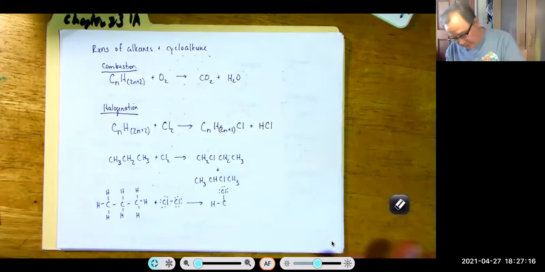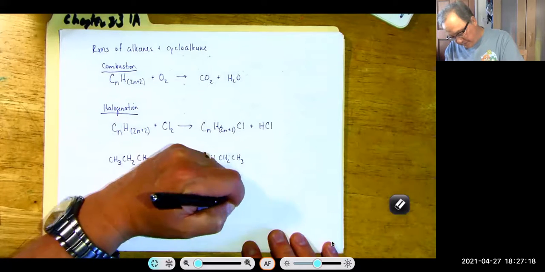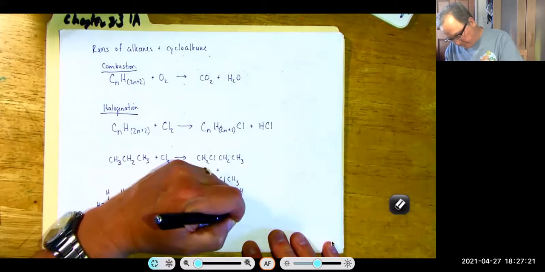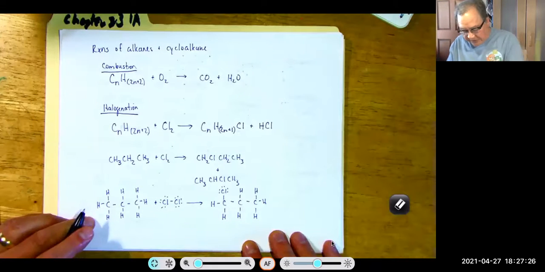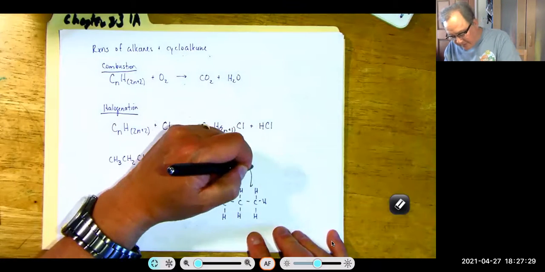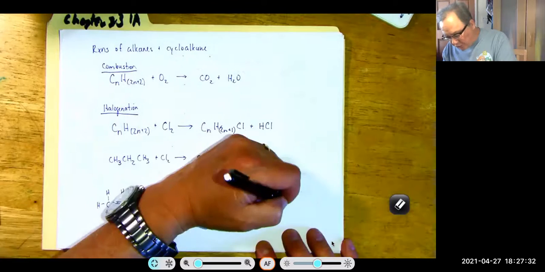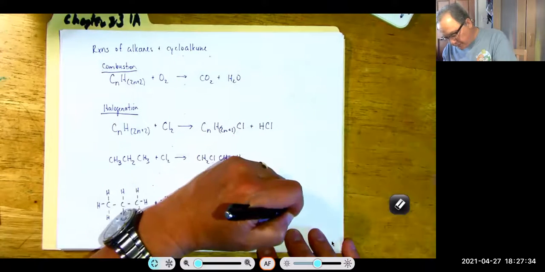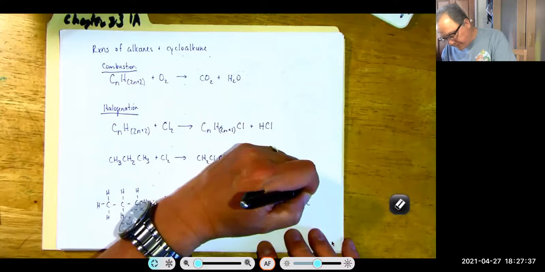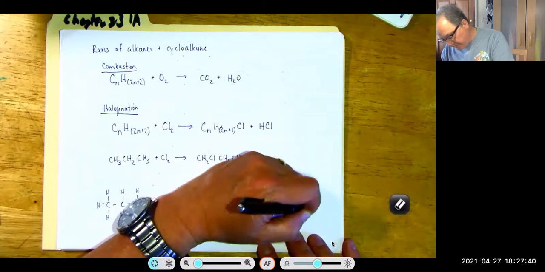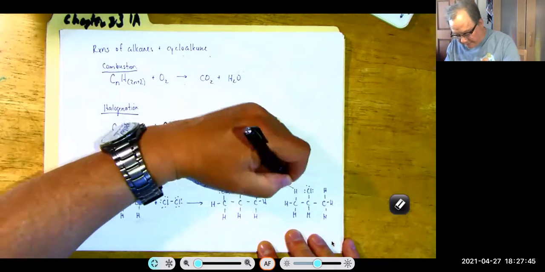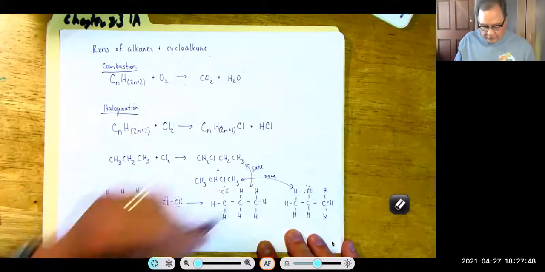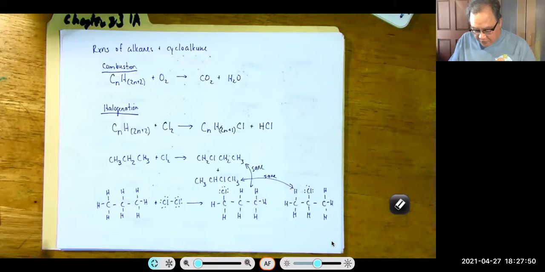It doesn't matter. So these two are the same. And I could also draw it this way for the other product, where these two are the same. So which one was faster to draw, the top one or the bottom one? Top. Top one.